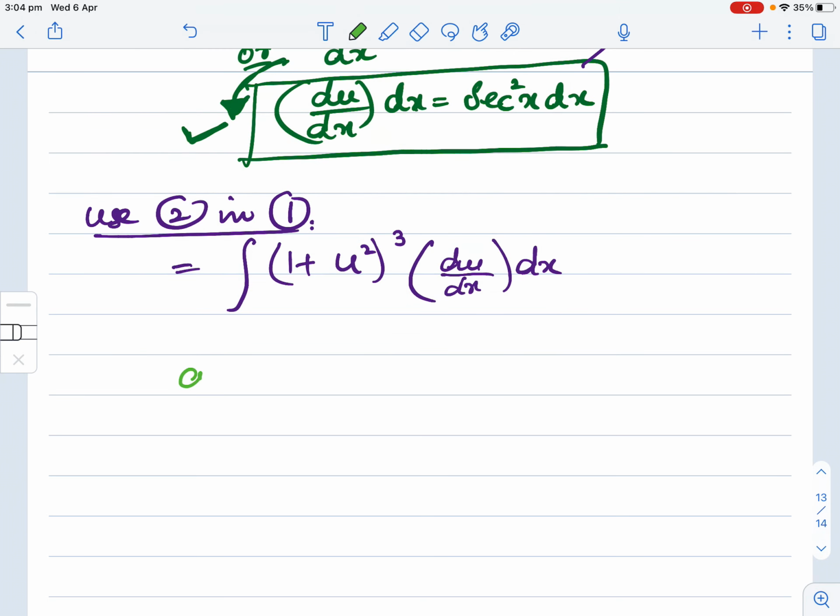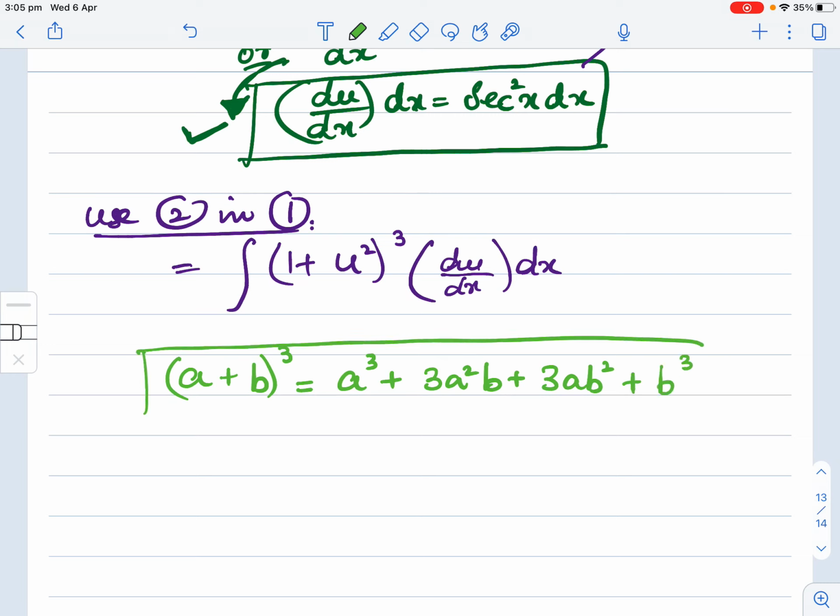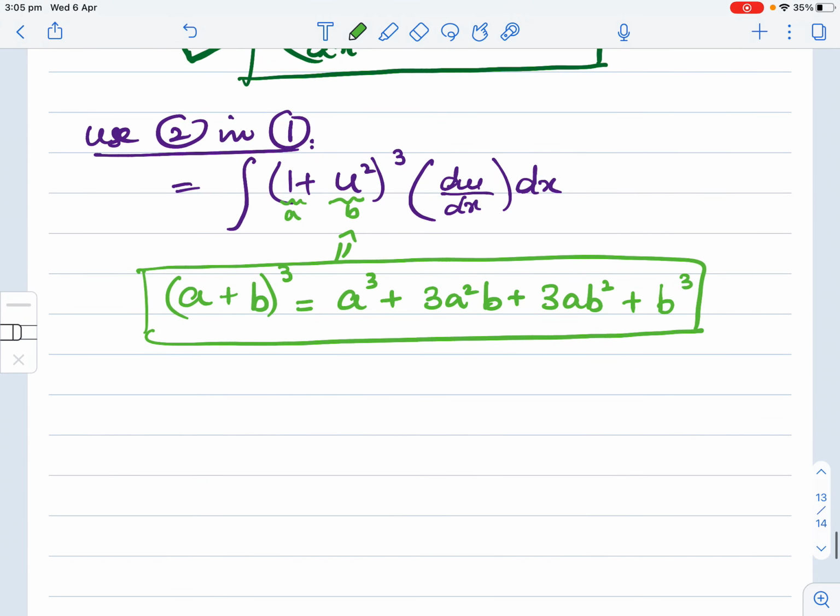So if you have done school level (a plus b) whole cube formula, I'm sure you remember it. a^3 plus 3a^2 b plus 3ab^2 plus b^3. Yes, we have to use this formulation in here. This is a and this is b. So let's use this formula in here.